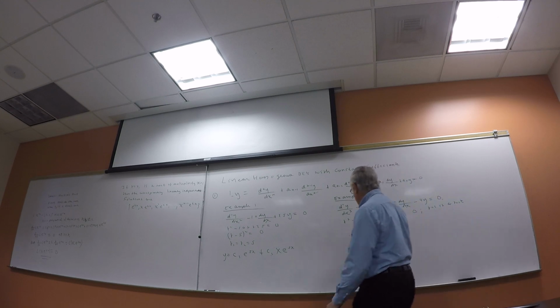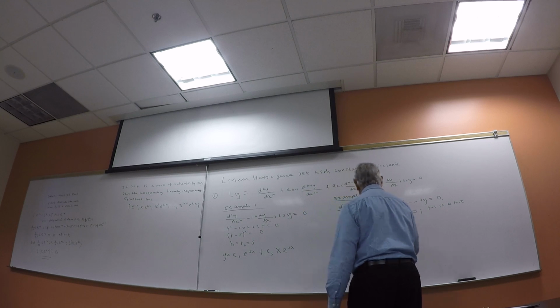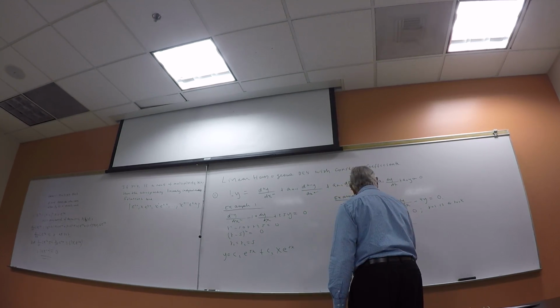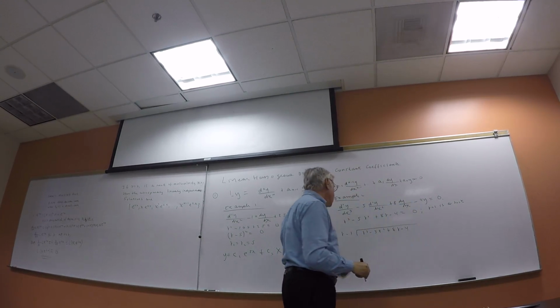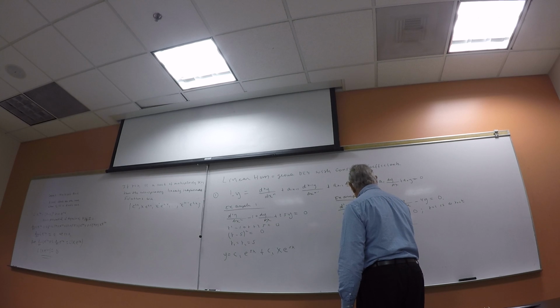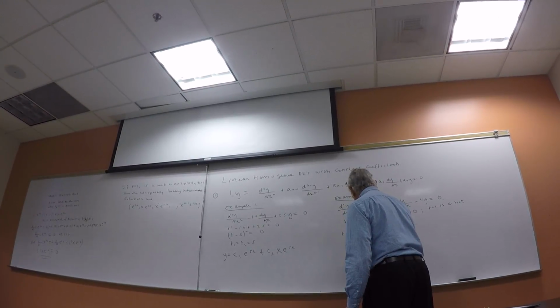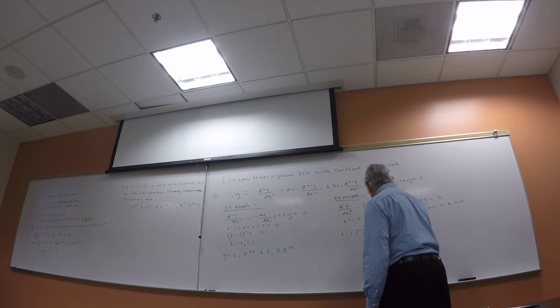Now we go back to our high school long division. I want to get what's left there. So we're going to have r cubed minus 5r squared plus 8r minus 4. If I did things right, I should get a 0 remainder, right? So we put an r squared up there. R squared times r minus 1 is r cubed minus r squared. Subtract, we get a minus 4r squared, right?